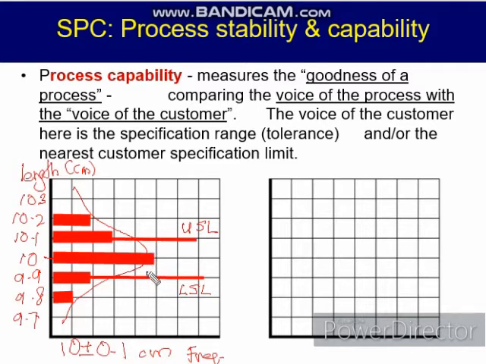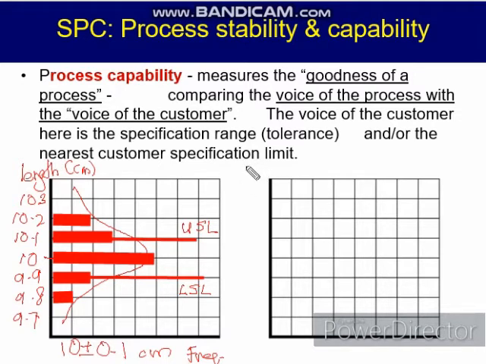So the process is not capable because you're producing too many bad units when you compare the voice of the process, what your process is capable of, to the customer requirement. You're making so many rejects. Right? Okay, so what does a good process capability look like?